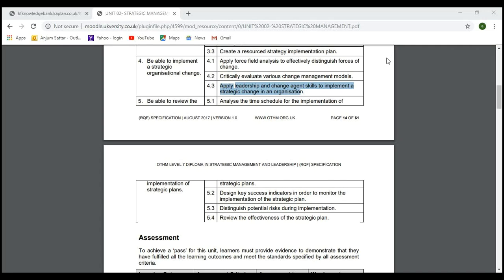What do we know about change management and why do we need to change? You need to review where you are all the time. Change is a continuous process.